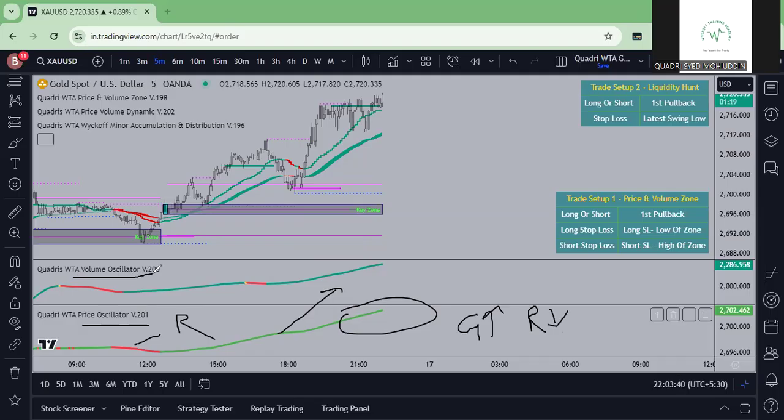What about the volume oscillator? Whenever there is a green color, that means there is volume participation or volume activity. Some of the students have messaged me stating that it is a momentum oscillator. It's not.